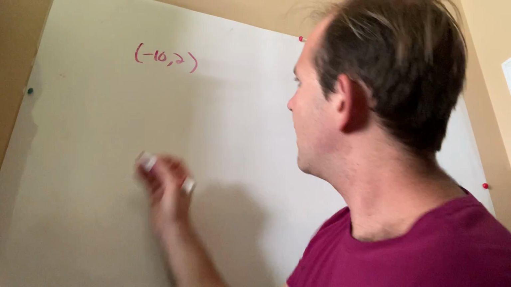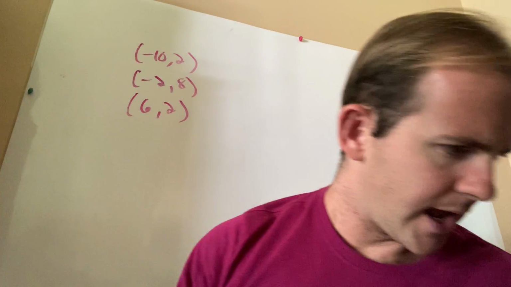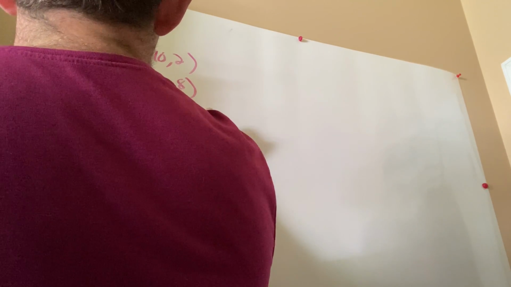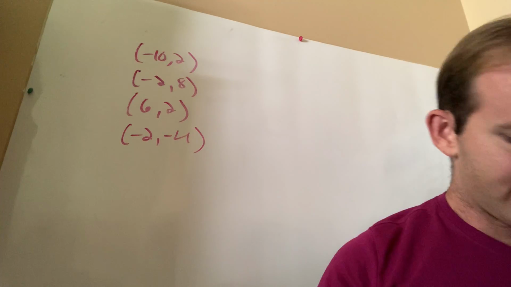So example 3 gives me 4 sets of coordinates, right? They give me -10, 2, -2, 8, 6, 2, and -2, -4. Awesome. And they tell me that my scale factor is 1/2.